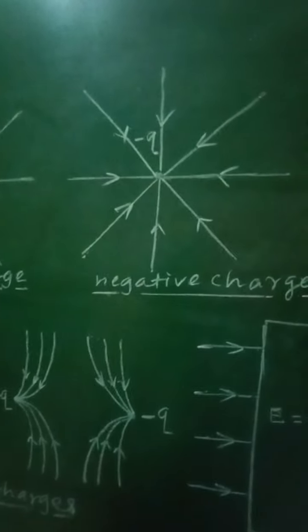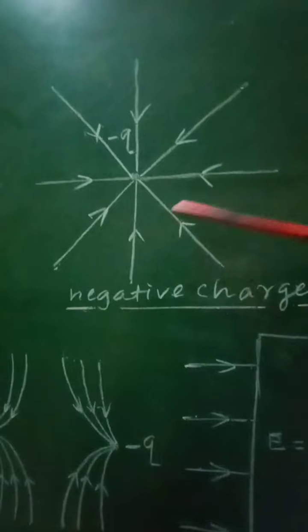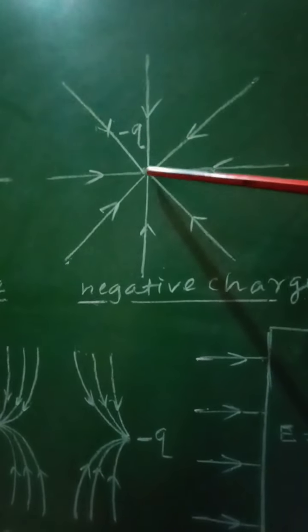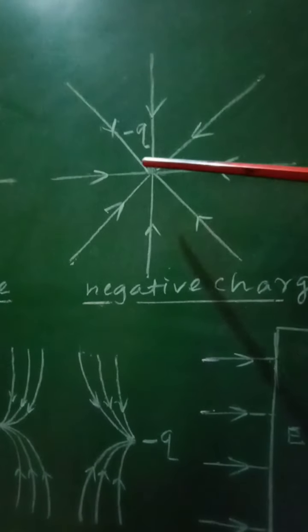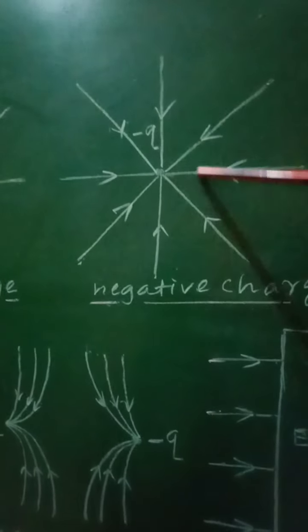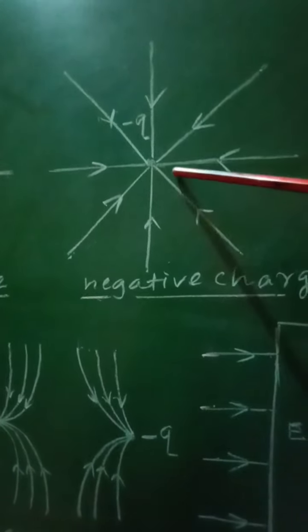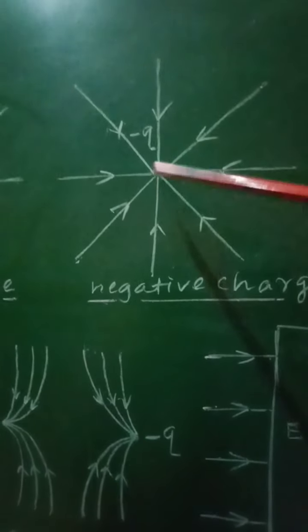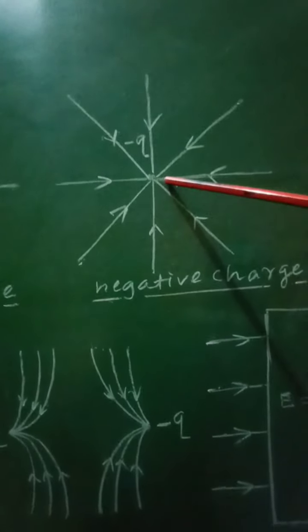Similarly, for an isolated negative charge, that is minus Q, again the electric lines of force will be directed in all possible directions, but these lines of force will be directed towards the charge, that is inwards.